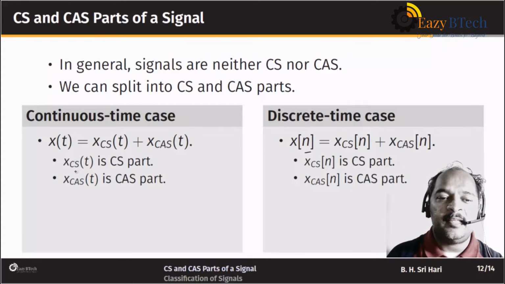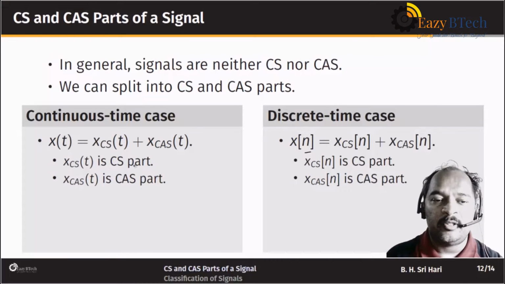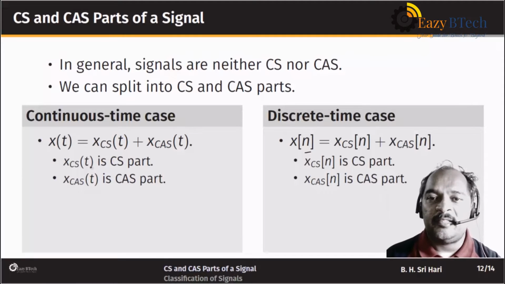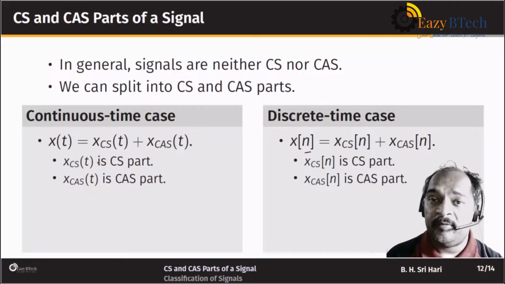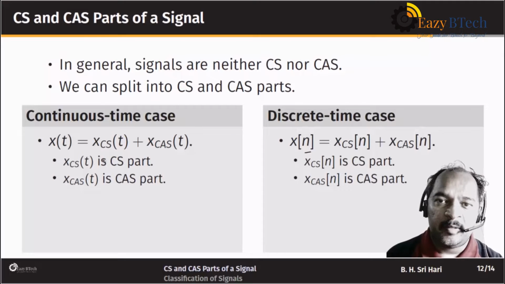Here xcs of t stands for the conjugate symmetric part of signal x of t, and xcas of t stands for the conjugate anti-symmetric part of the signal. The same is the case for discrete time. So what we can do is split any complex signal x of t into a conjugate symmetric part plus a conjugate anti-symmetric part.